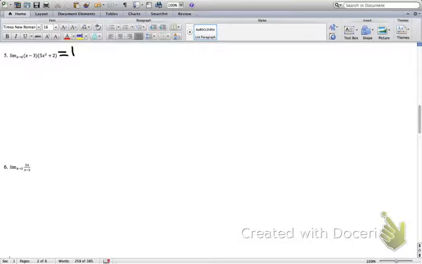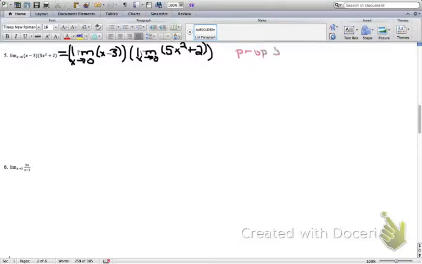So that's going to be equal to the limit of x minus 3 as x approaches 0 times the limit of 5x squared plus 2 as x approaches 0. Again, this is done by property 5.